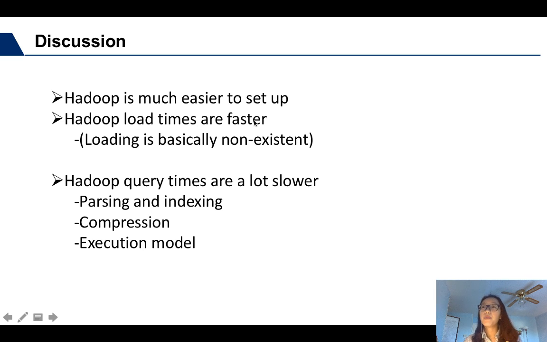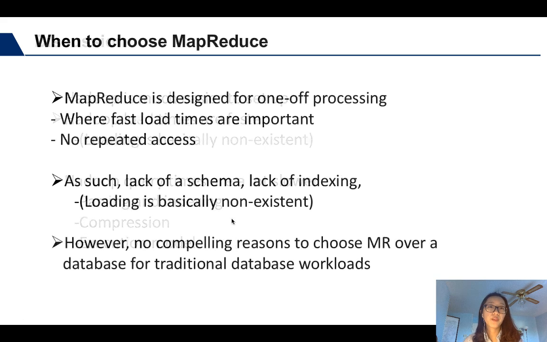But MapReduce Hadoop also has some weaknesses. The query times are a lot slower because it has no parsing or indexing, it's not a compressed database, and it has its own execution model.